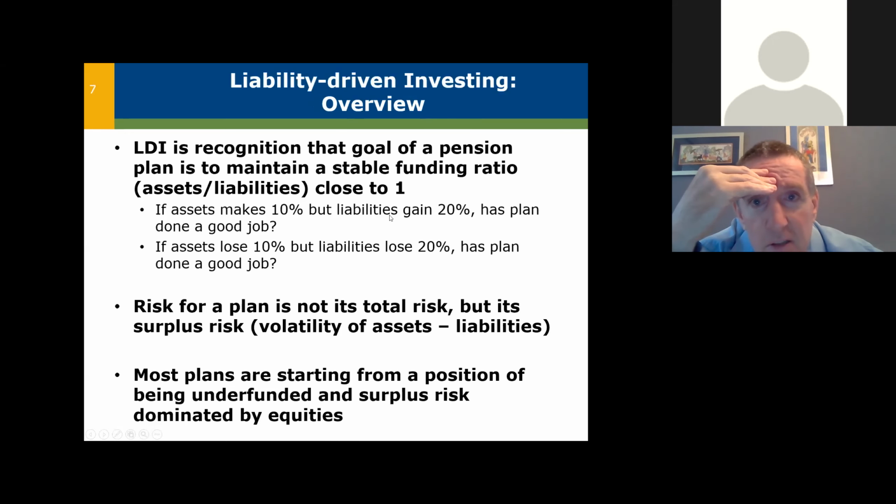We've done the case. Okay, so now I want to talk about LDI, or liability-driven investing. We talked about this at the very beginning of the course, where we set aside liability hedging to focus on the maximum Sharpe ratio portfolio.